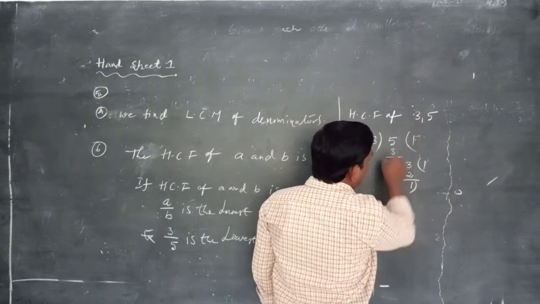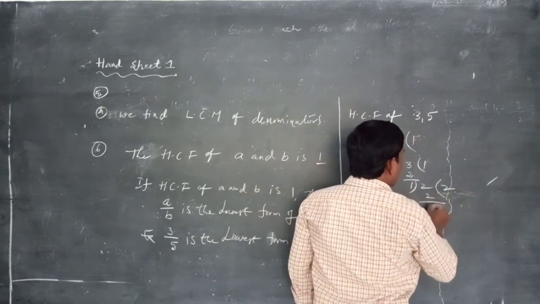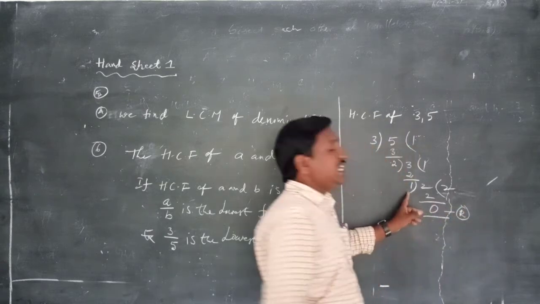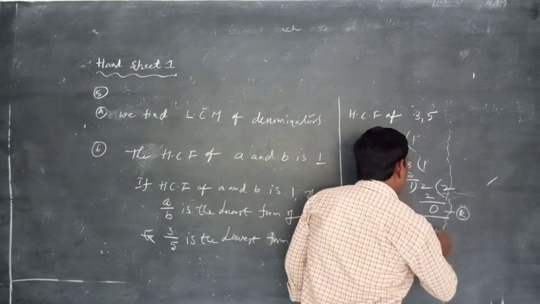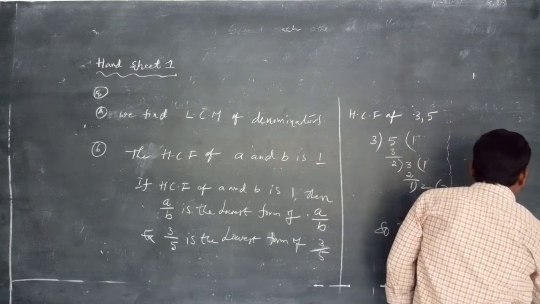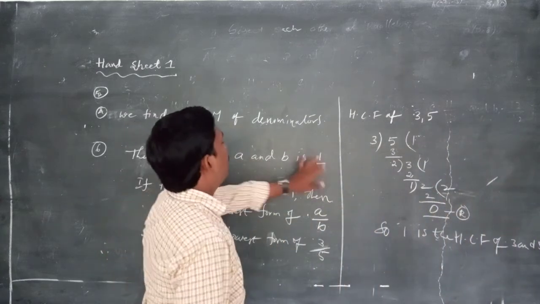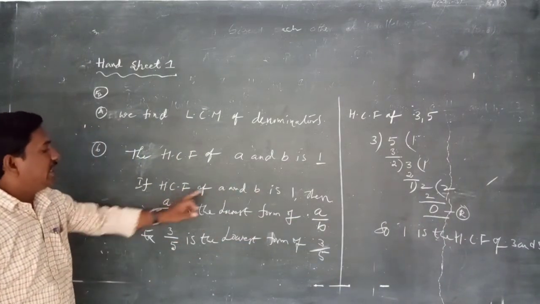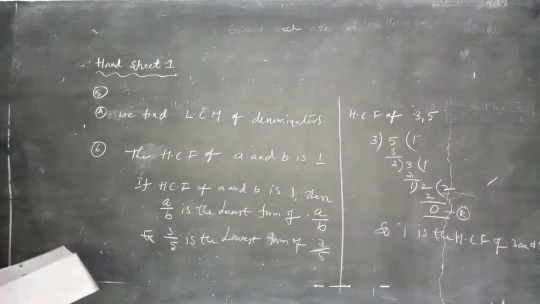Now 1 is the divisor, 2 is the dividend. 1 table into 2 times. So finally we got 0. When we got 0 as a remainder, 1 is the HCF of 3 and 5. So if A by B is the lowest form of A by B, then the HCF of A and B is 1. Okay.